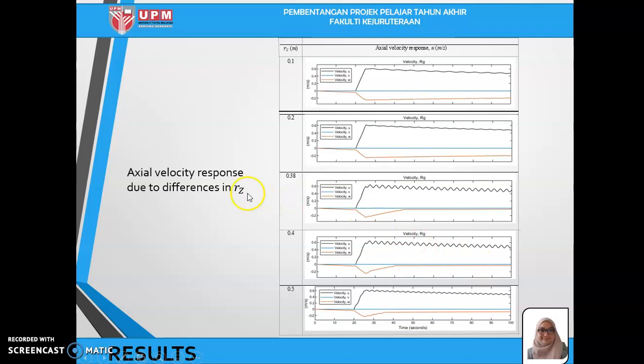And the pitch response can also be seen to differ with RZ, where at 0.1 the pitch motion is very subtle, while at 0.5 the pitch motion is crowded, or I can say that there are many pitch motions in this distance.